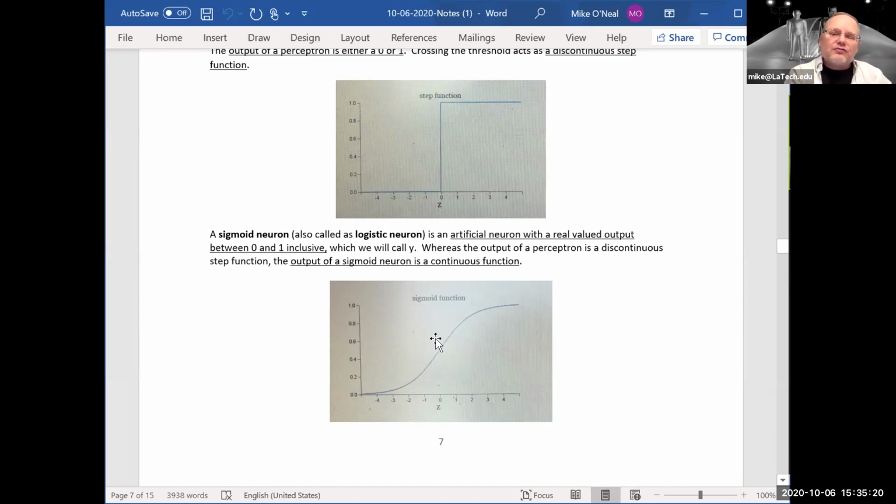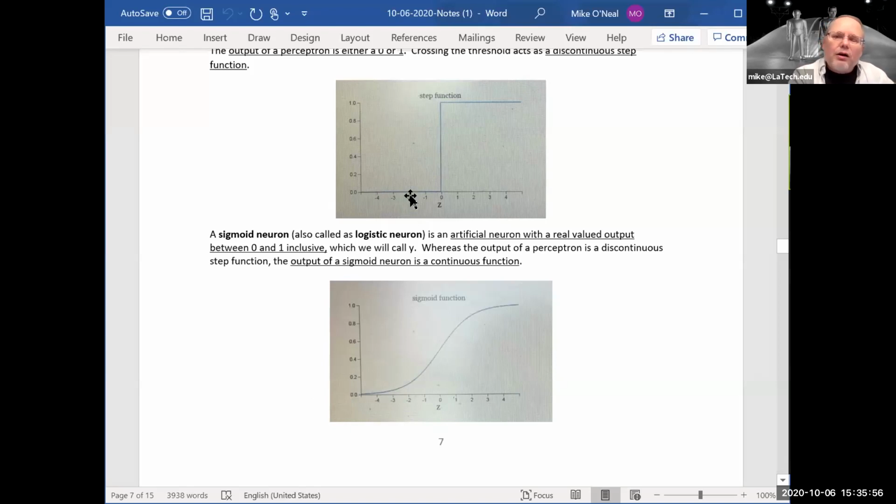Now, what do you mean it's very close? This looks like an S, and this looks like a step function. Well, what I'm saying here is when you're greater than your 0 threshold, your output on a perceptron is always 1, and when you're smaller than your threshold, your output's always 0. If we ignore the area right around our threshold, if you're much bigger than your threshold, you're pretty much at 1, and if you're much smaller, you're pretty much at 0.